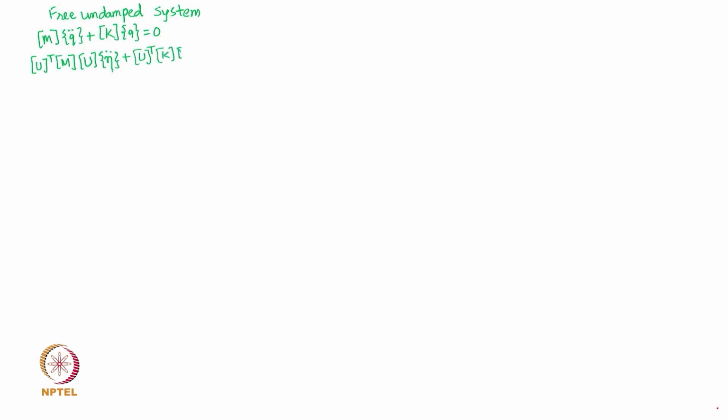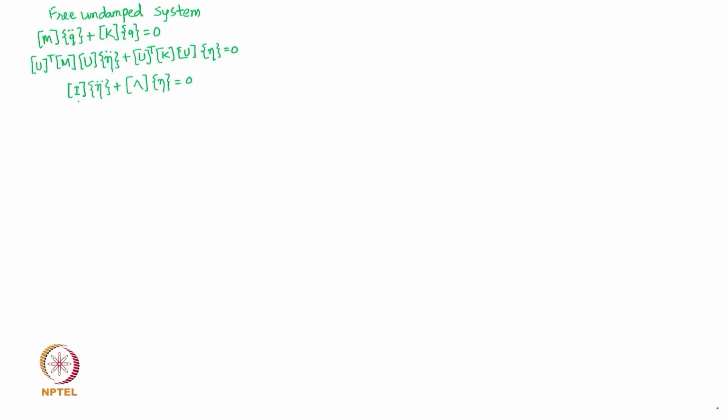It is equal to 0, and that of course gives us the identity matrix times eta double dot plus the spectral matrix times eta equal to 0. Now, let us look at one of the several equations.